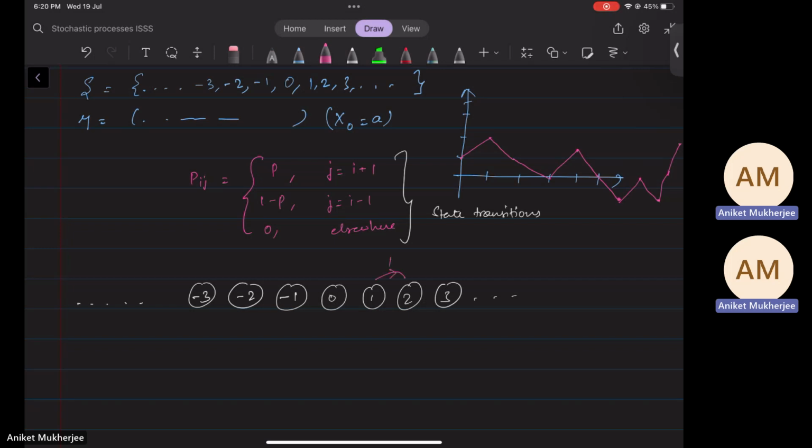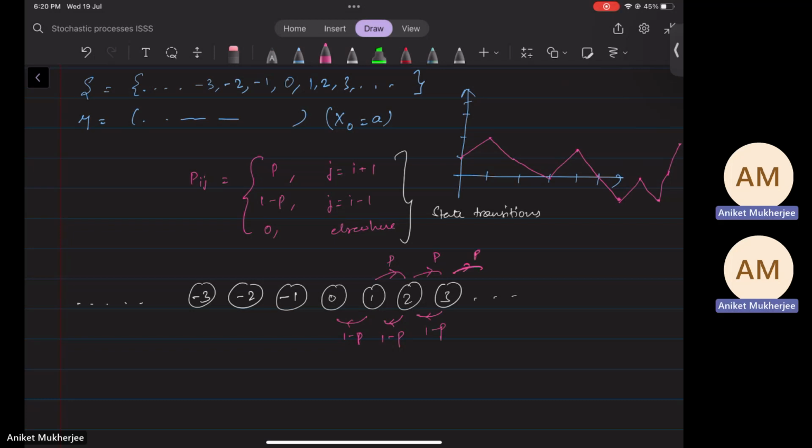With probability P you win 1 and have 2 rupees; with probability 1 minus P you lose 1 rupee, so you go back to 0. Same with 2: with probability P you gain 1 rupee, so you go to 3. With probability 1 minus P you go back to 1. And from 3, with 1 minus P you go back to 2.